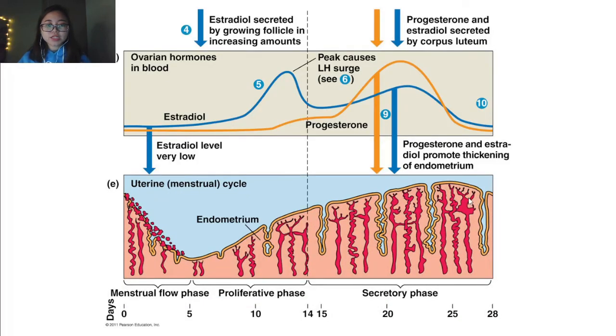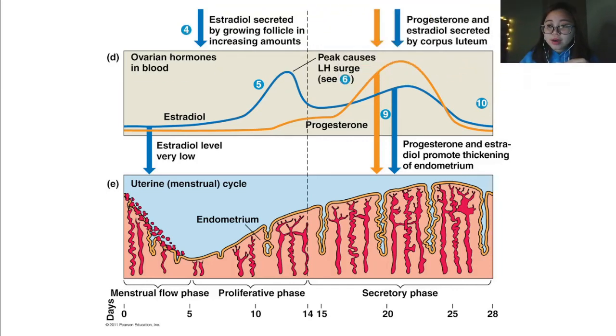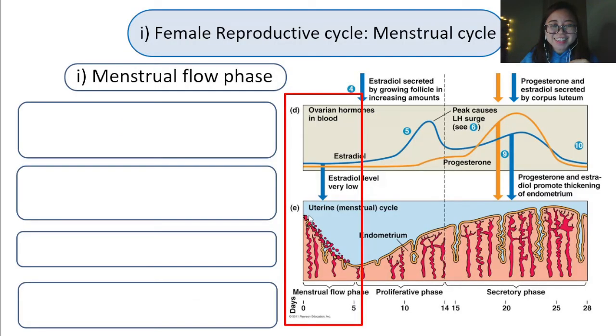Okay. So, looking at this, we are going to focus on the levels of estrogen and progesterone. We focus our attention on the levels of estrogen and progesterone to know whether our endometrial wall is becoming thinner or thicker. Let's start.